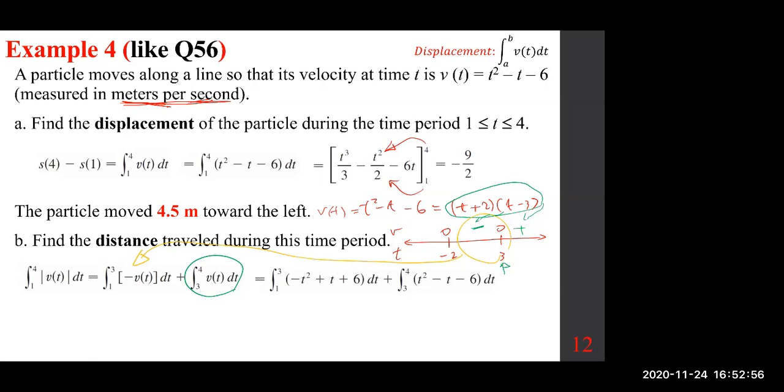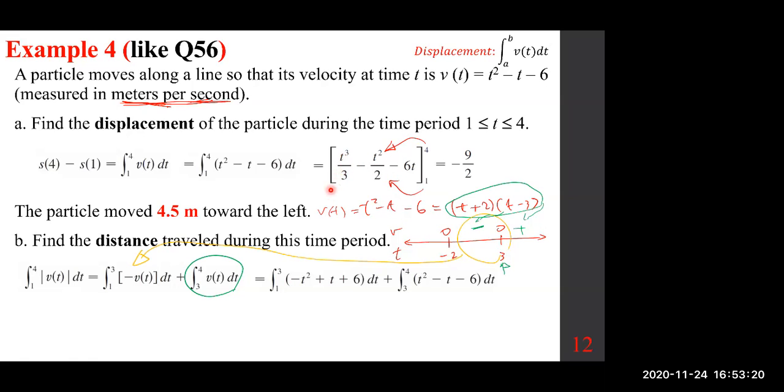And now you do the math. Again, this is a little bit tedious. It takes some time, but it's really not too bad. So minus t squared. So you get basically the same thing here, the same thing here for the second part from 3 to 4, and the opposite of that for the first part.